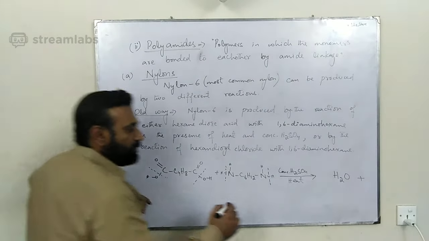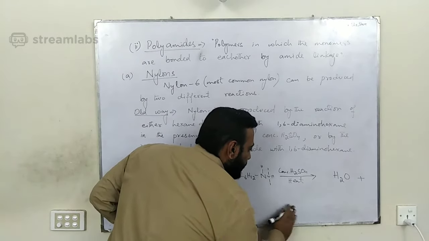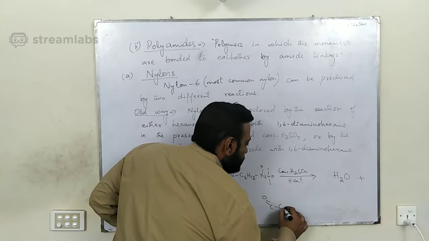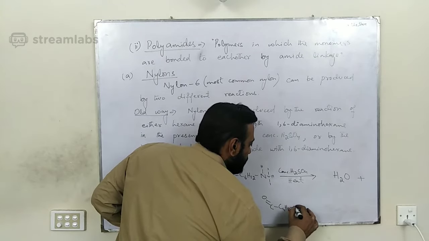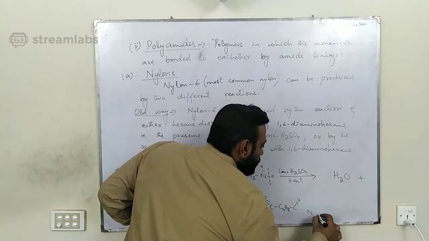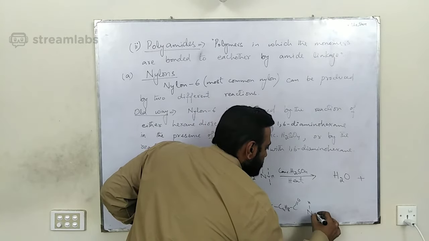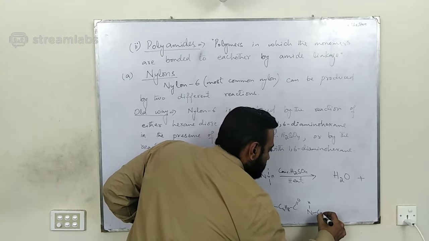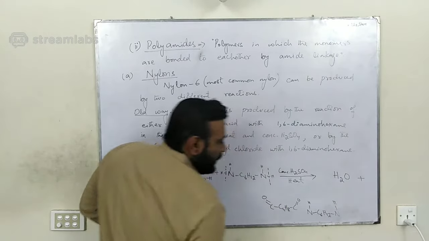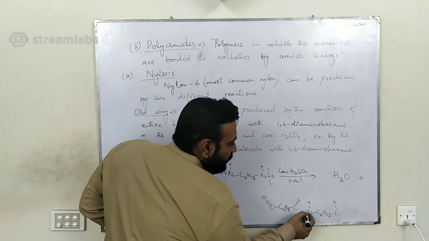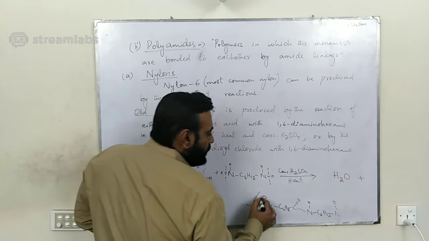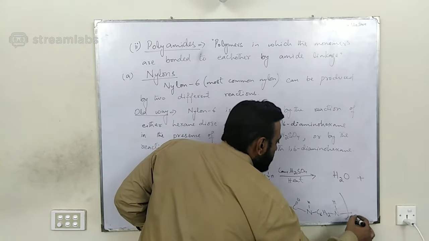The remaining part from this molecule would be like this, and the remaining part from the second monomer would be like this. Now this carbon and this nitrogen will form a bond with each other and this chain will be continued on both sides for n number of times.